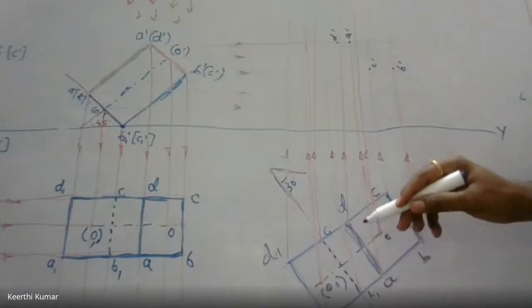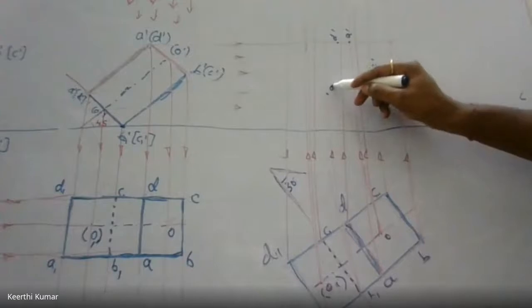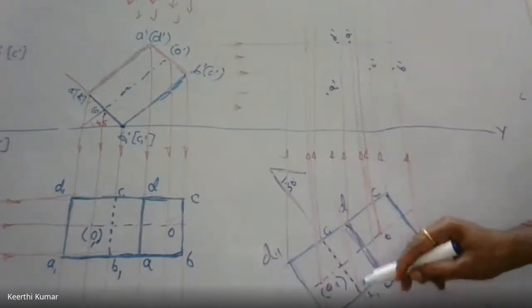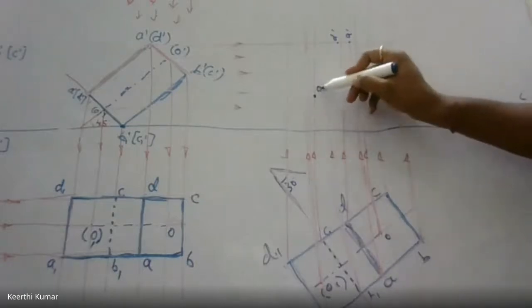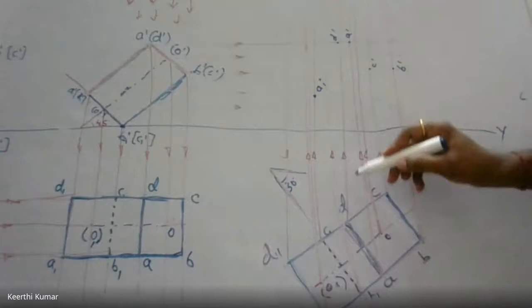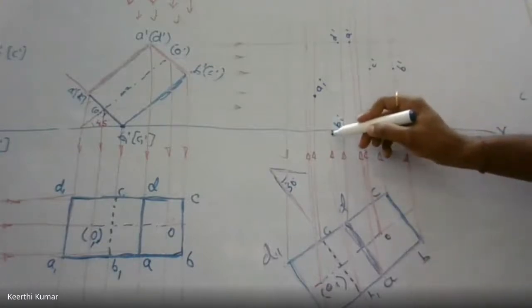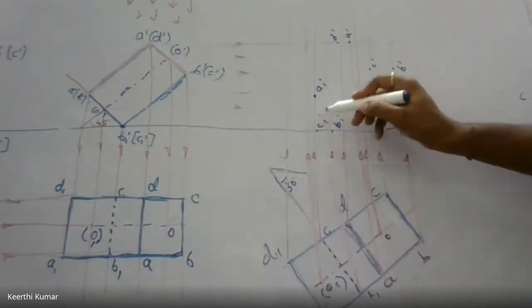Then you go with A1, B1. A1 will be here. A1 dash is this. Similarly, B1 dash. C1 dash.